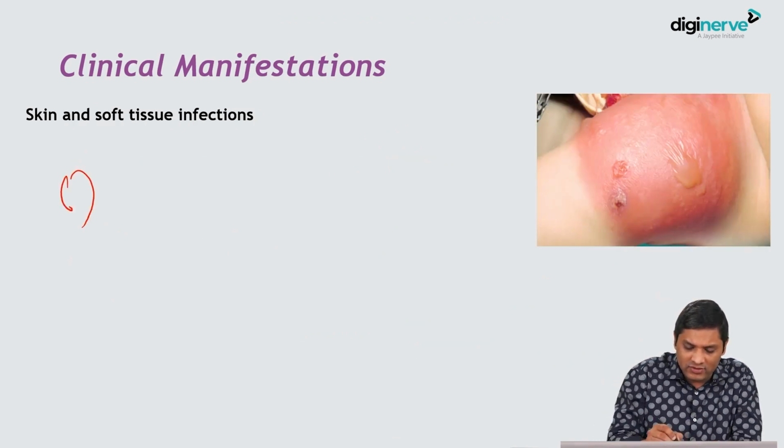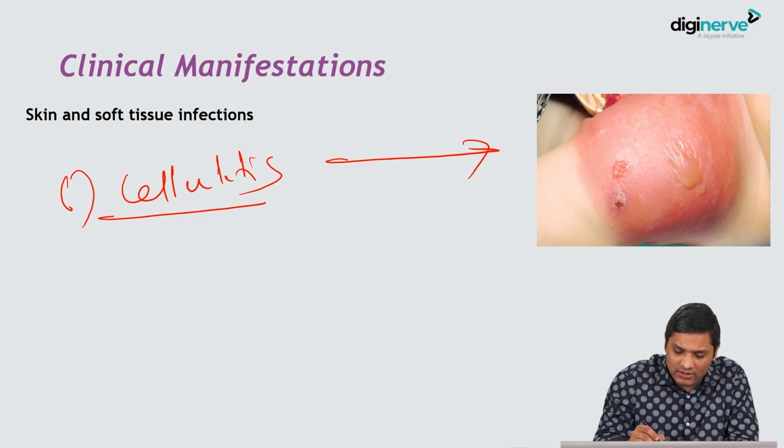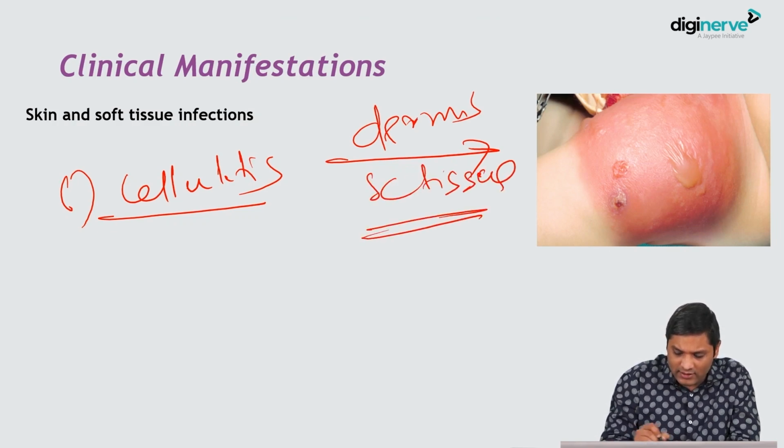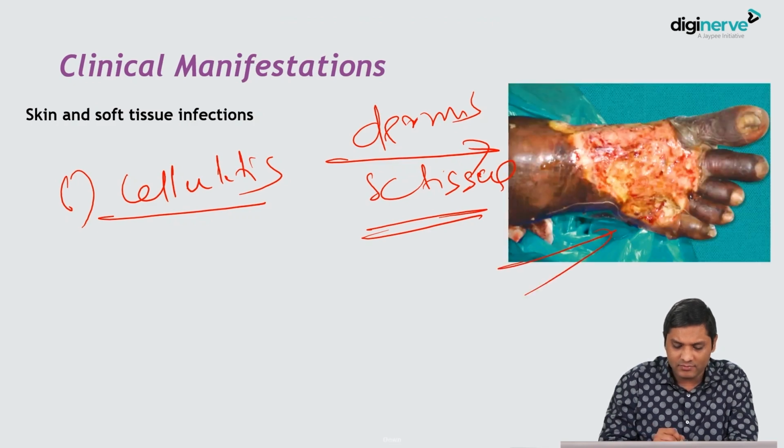Next, you may have cellulitis. That is, the infection may spread to the dermis and the subcutaneous tissue. Spreading of the infection to the dermis and subcutaneous tissue is called cellulitis.